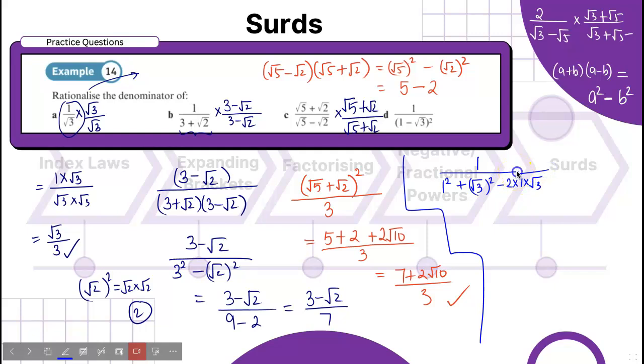This is what we discussed in expanding brackets, so you can refer to that lesson. It was the third lesson. 1 plus square root of 3 squared is 3, minus 2 root 3.